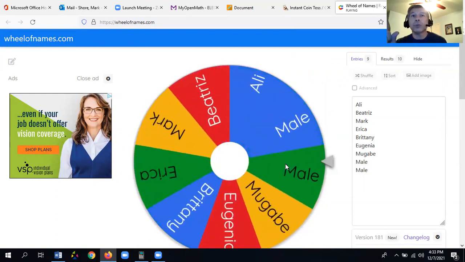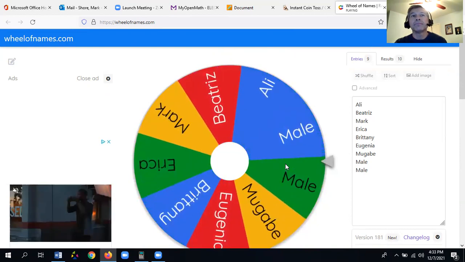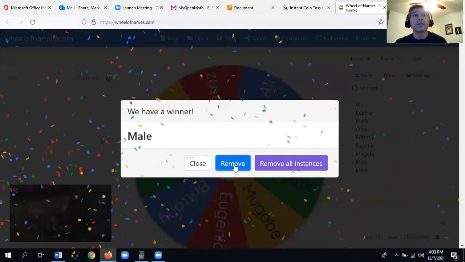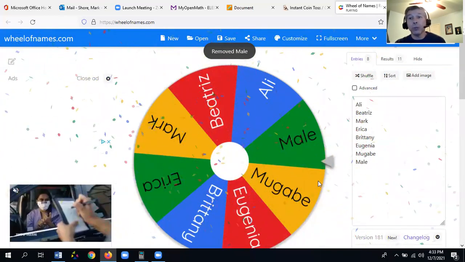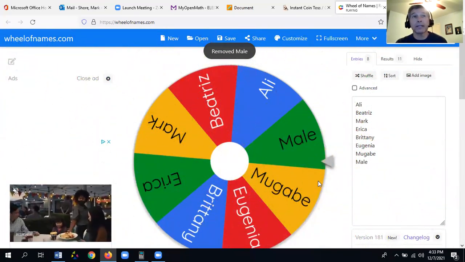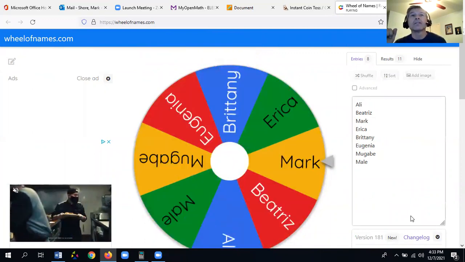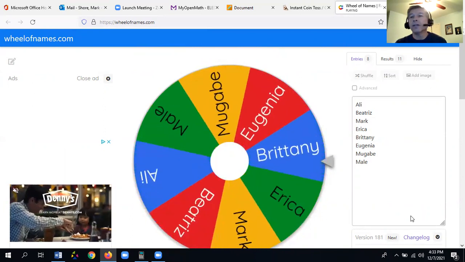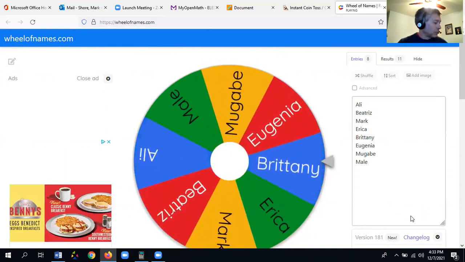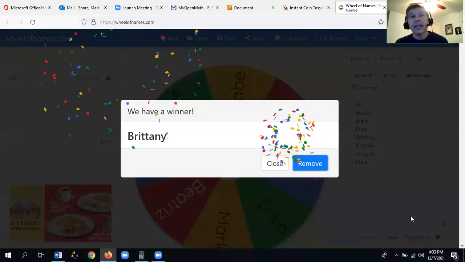Okay, so there's 1 male. Let's remove, and I'm just removing that 1 male. So that's 1. I need 2 more males now to be picked. Here we go. No. Okay, so that's 9 tries on this.